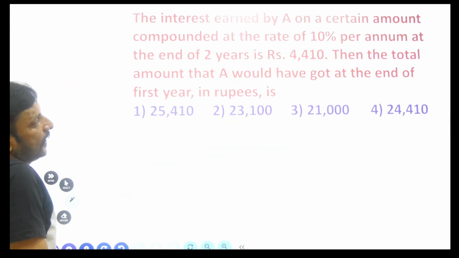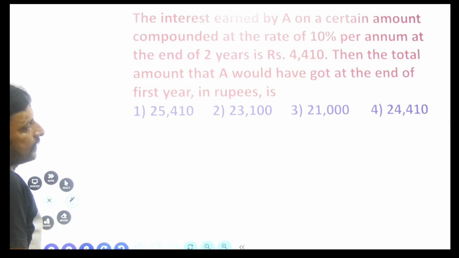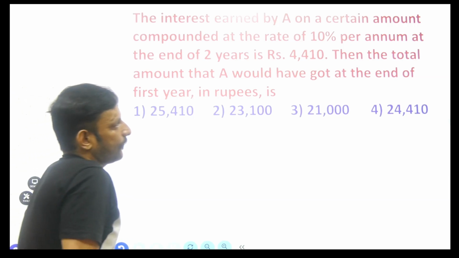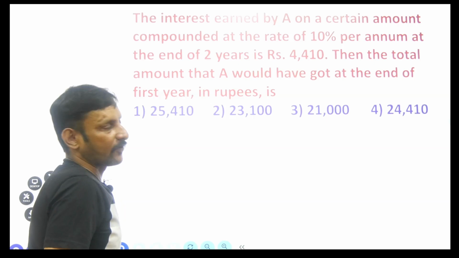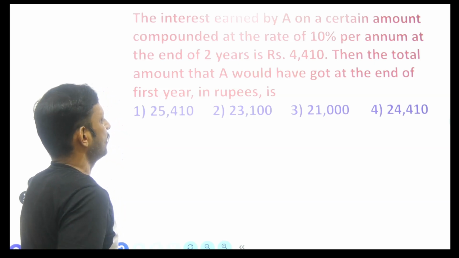The interest earned on a certain amount compounded at the rate of 10% per annum at the end of 2 years is rupees 4410. Then the total amount that A would have got at the end of the first year is? At the rate of 10%, it becomes 110%, an 11 multiple.